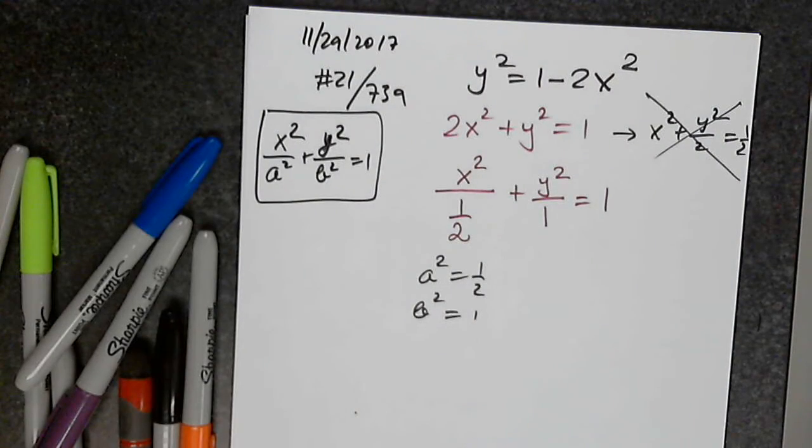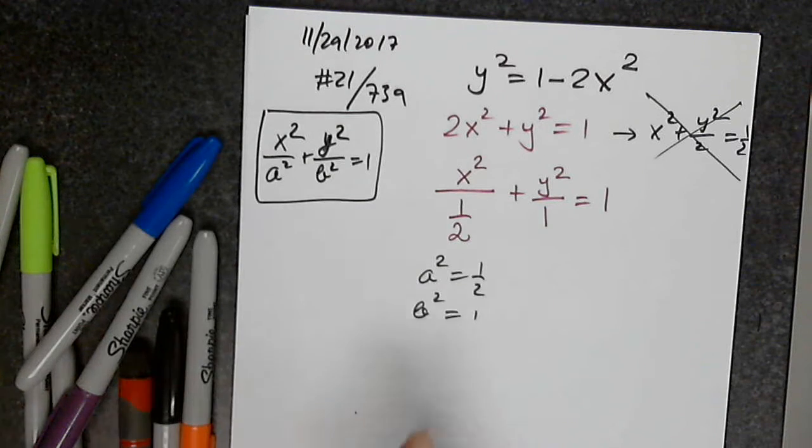You should always look at the largest of the two. It doesn't matter if you call them AB or BA. I don't want you to get confused on this. The one that is larger, the ellipse will follow that.